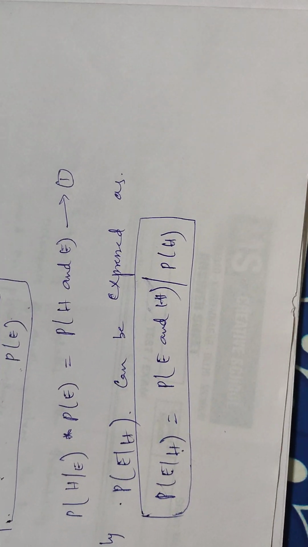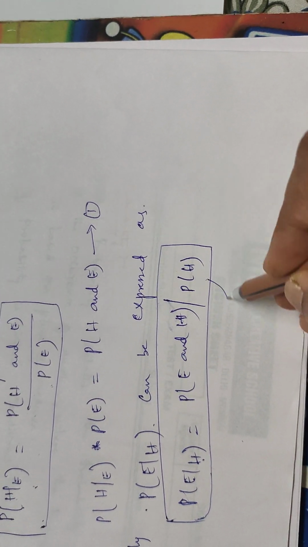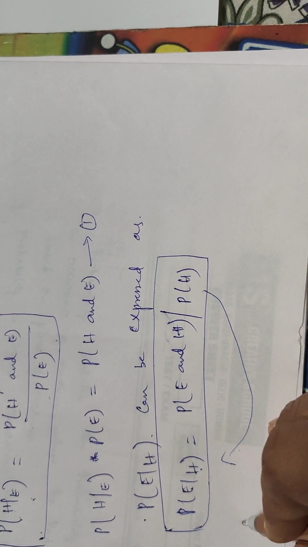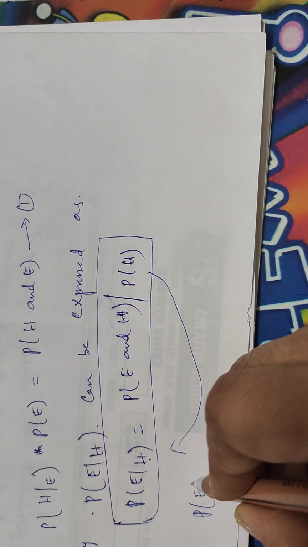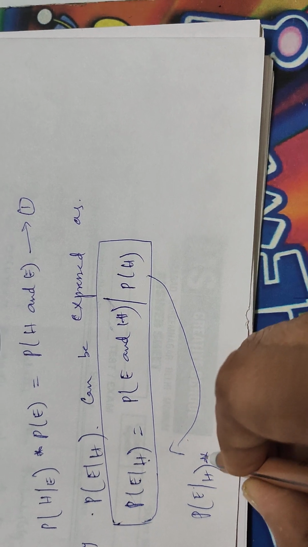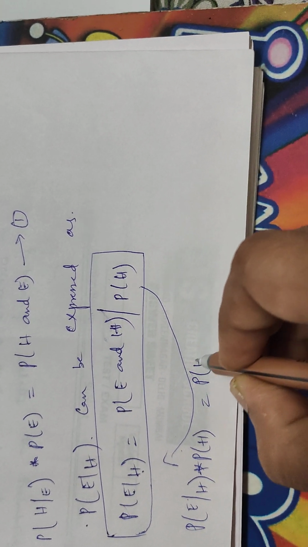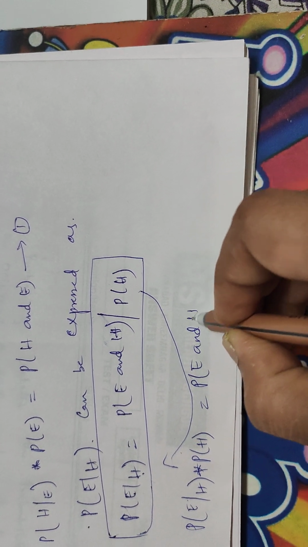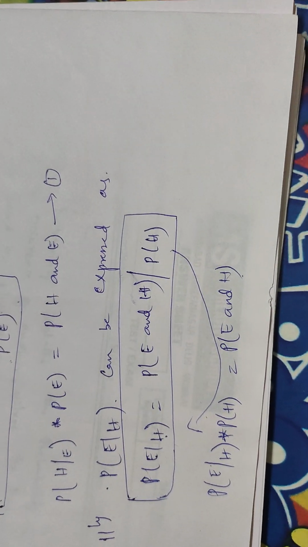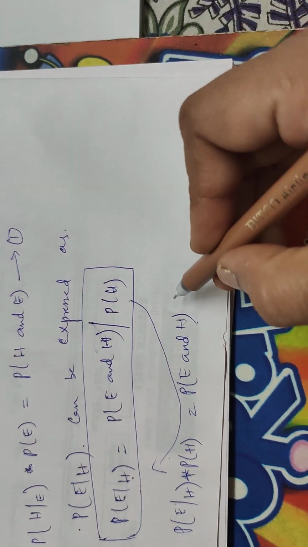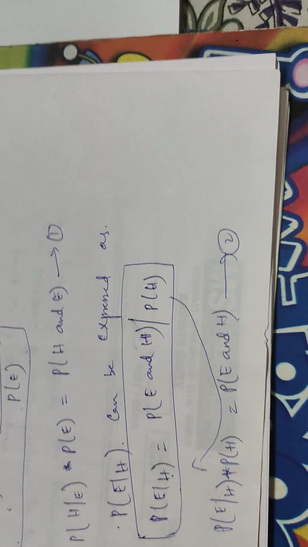So what we will do is send this denominator to my left hand side. Now let me denote this to be our equation 2.